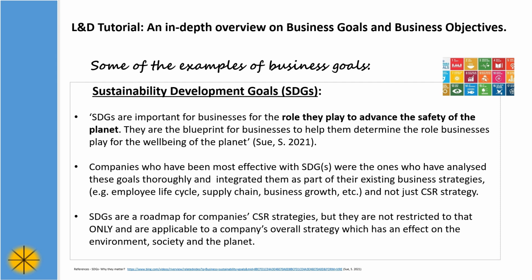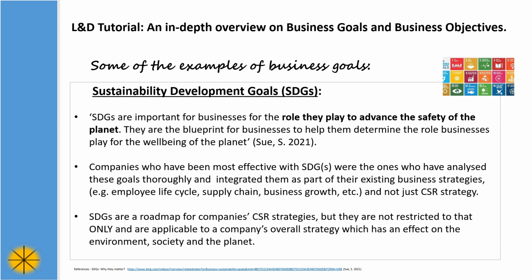Companies who have been most effective with the implementation of sustainable development goals are the ones who have analyzed these goals thoroughly and integrated them as part of their existing business strategies. So either the employee life cycle, supply chain, business growth, innovation, business expansion, etc., and not just included them as part of their corporate social responsibility strategy.